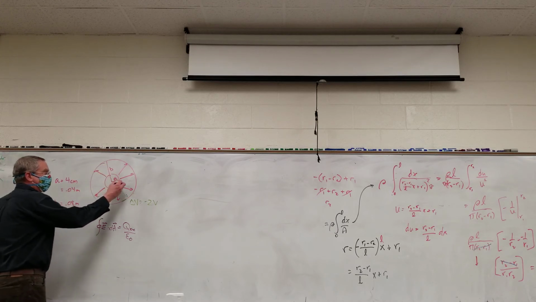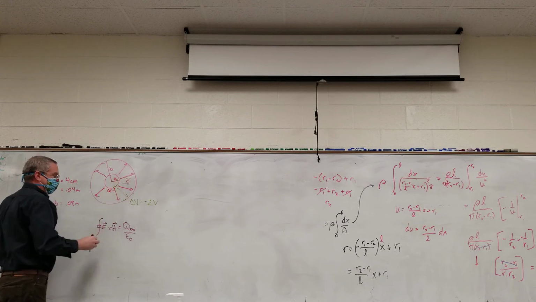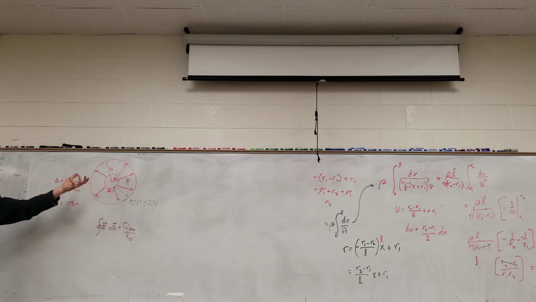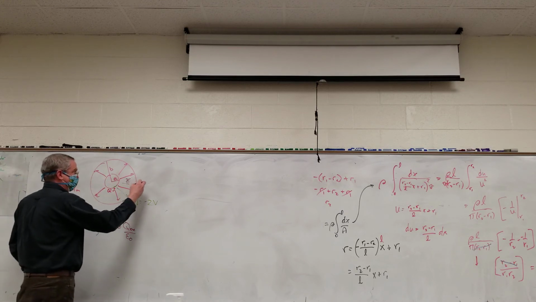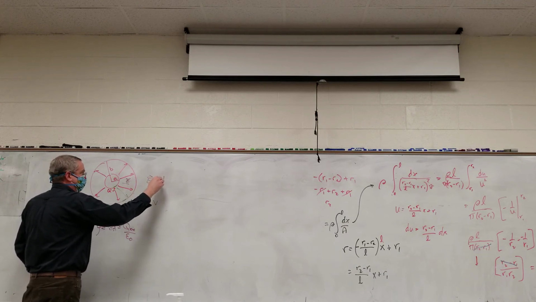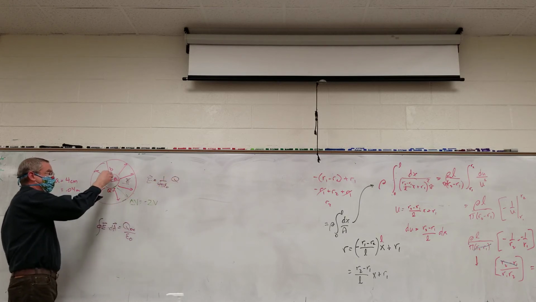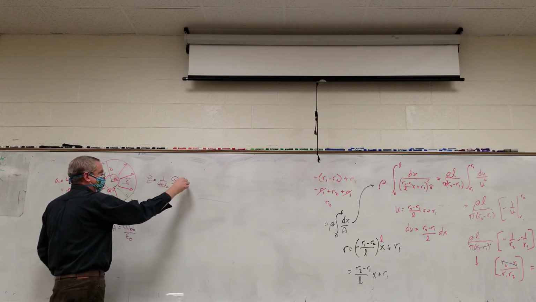I know that my electric field inside here is, well, my enclosed charge. Basically, I've got spherical symmetry here. So ultimately, my electric field is going to be K, or 1 over 4 pi epsilon sub naught, times Q, which is the charge on this inner sphere, over R squared R hat.